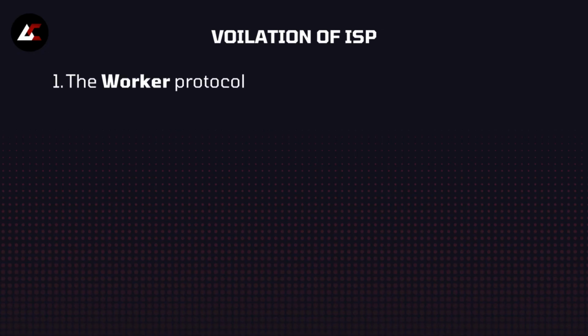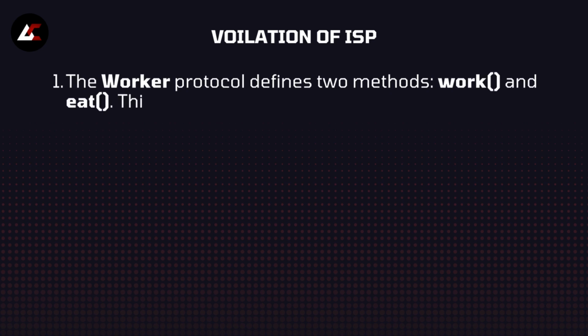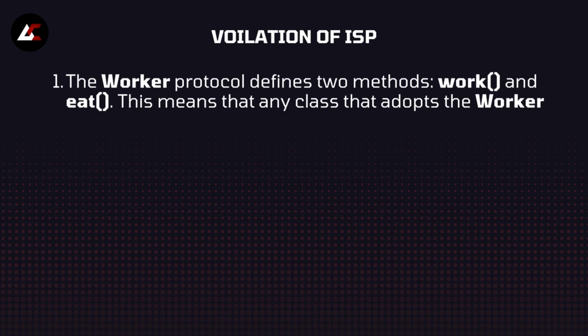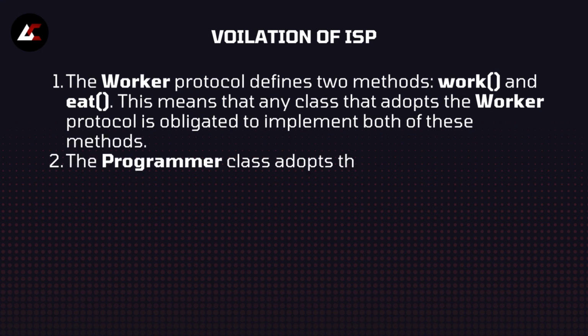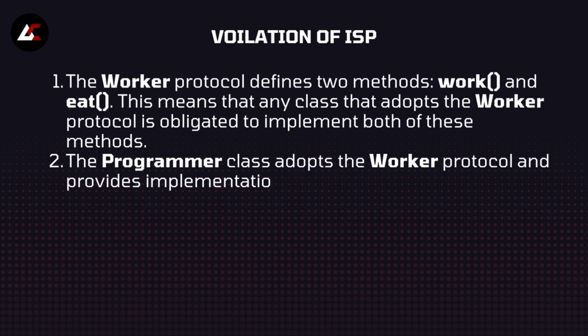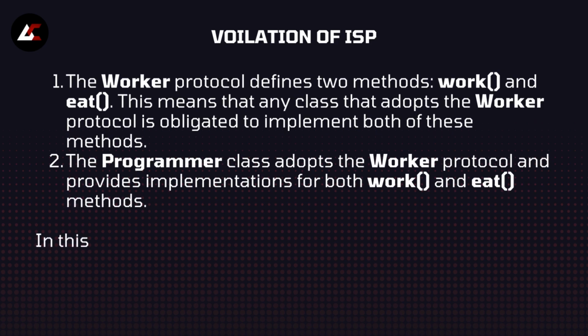Violation of ISP. The Worker protocol defines two methods, work and eat. This means that any class that adopts the Worker protocol is obligated to implement both of these methods. The Programmer class adopts the Worker protocol and provides implementations for both work and eat methods.